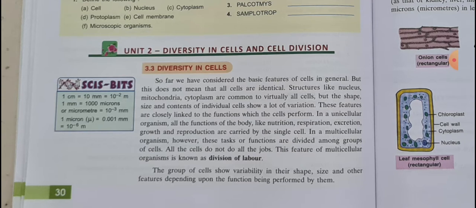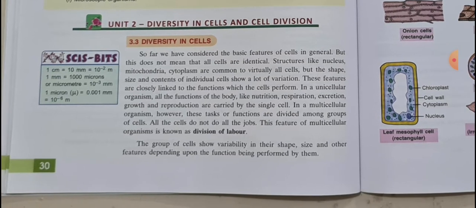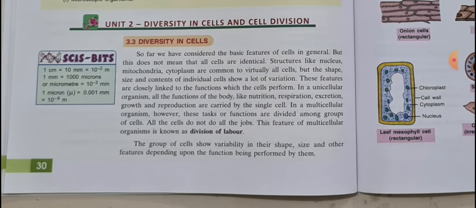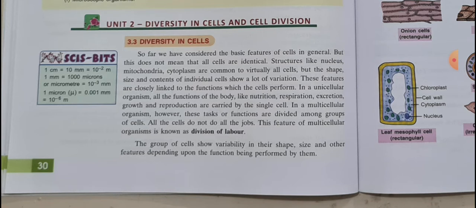There are many kinds of cells, with different features. All the cells are not identical. There may be differences in size, shape, contents of individual cells, and many other variations in the functions and performance of a cell.